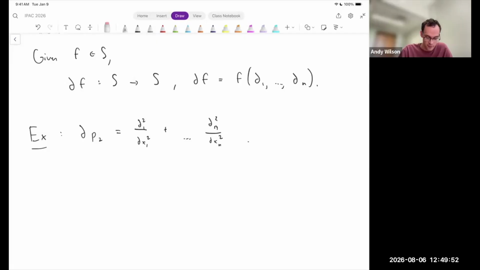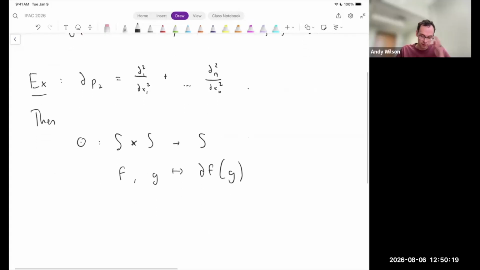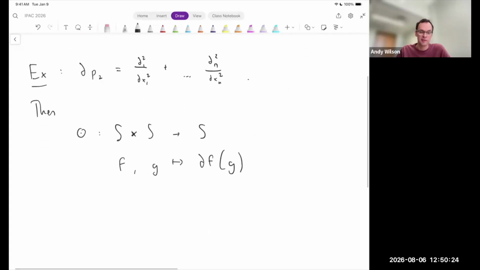So then we have this dot operator, which takes two polynomials and turns the second one into derivatives and turns the first one into derivatives and applies it to the second one, right? So polynomials can act on each other by one becoming derivatives and hitting the other one, and you get some other polynomial out.